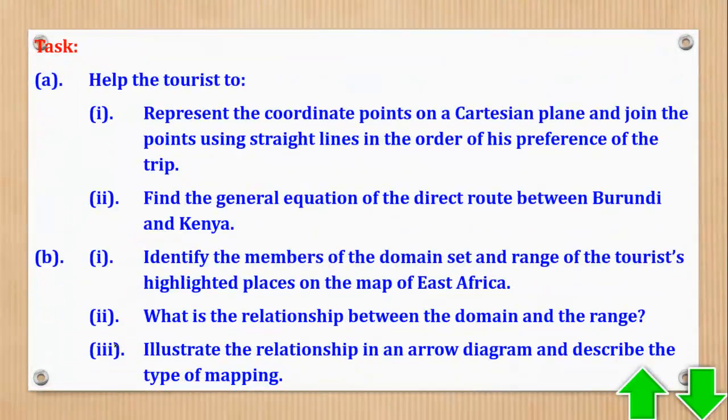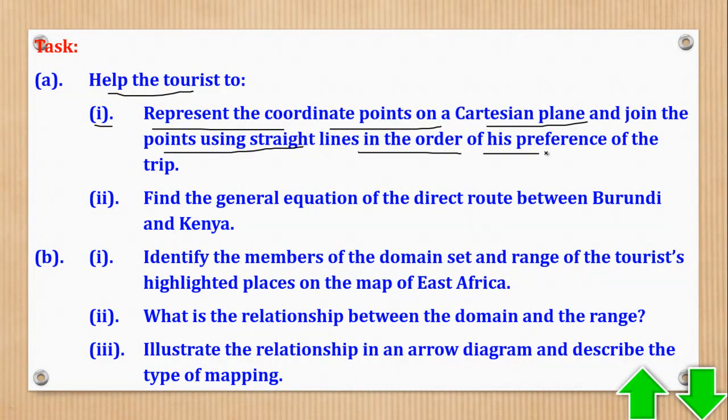Okay. Task A. Help the tourists: Roman 1, represent the coordinate points on a Cartesian plane and join the points using straight lines in order of his preference of the trip. Roman 2, find the general equation of the direct route between Burundi and Kenya. So let's start with that task.